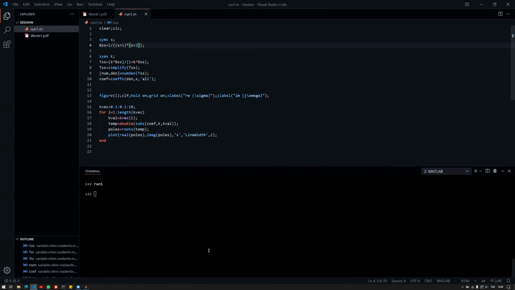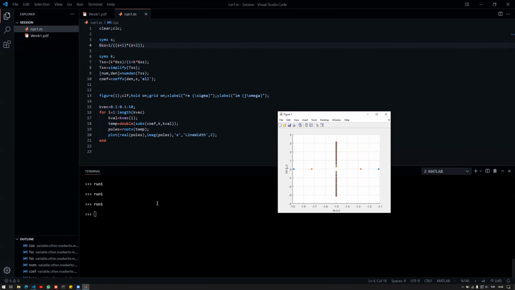So we know the starting positions. This means that at -1, we should have an open loop pole, and at -2, we should also have another one. And they will approach this point here, which is the midpoint. They will coincide, and then one will tend to j omega or infinity, and the other one would approach negative infinity. But again, we have 2 poles here.